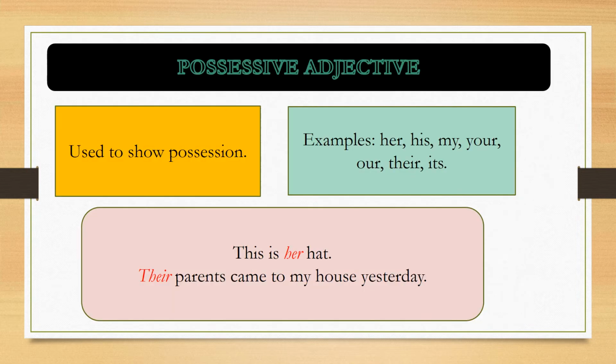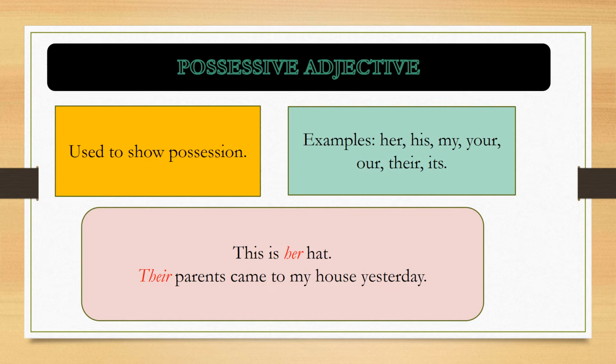Now, the next one is possessive adjective. The word possessive means to have something, to own something. Used to show possession. It means that if something belongs to you, to me, these are all examples of possessive adjectives. For example, her, his, my, your, our, their, its. This is her hat.